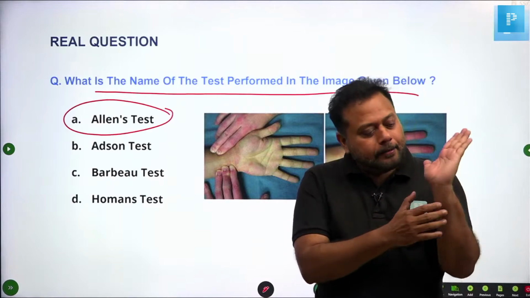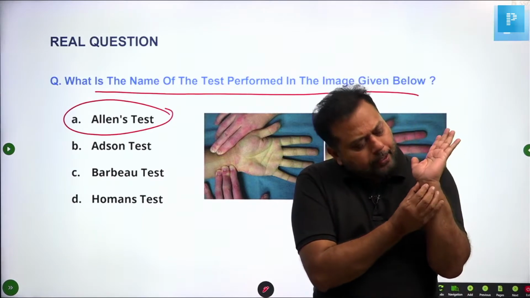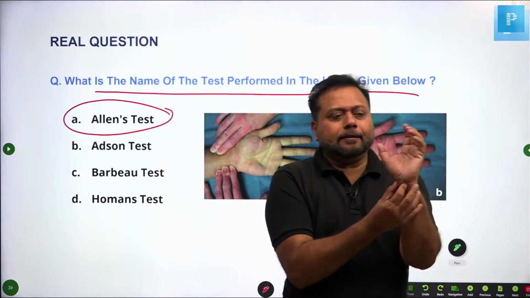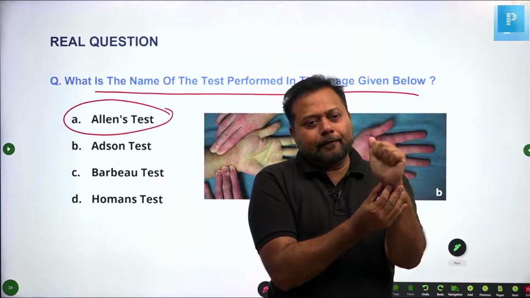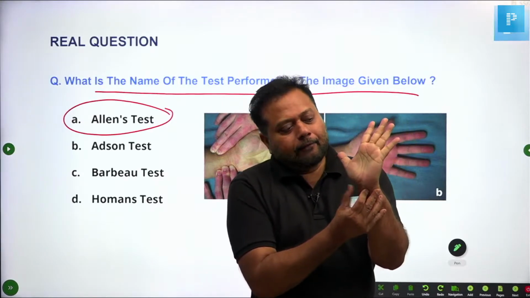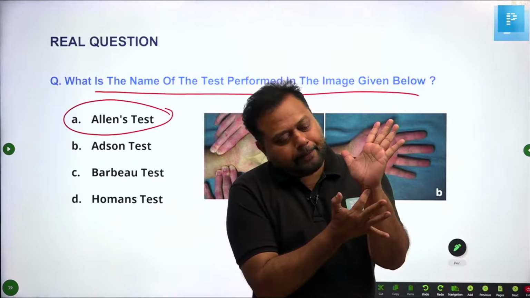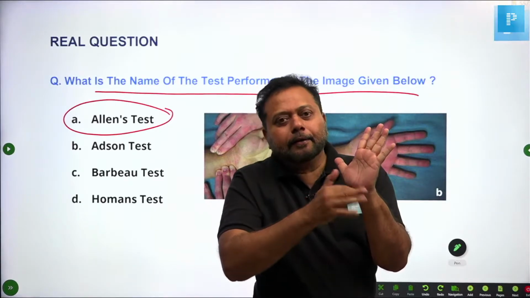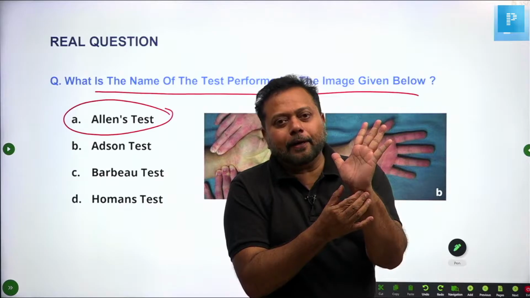So what happens? You compress the radial artery and the ulnar artery like this, and ask him to make a fist. You see my fingers? It is blanching. When I release the ulnar side while compressing the radial side, capillary arterial refilling will happen.